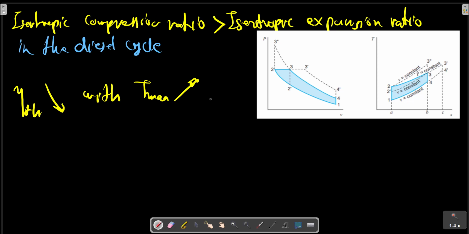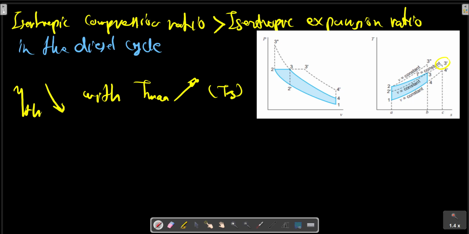Maximum temperature is T3. This is evident in the TS diagram because the constant pressure and constant volume lines converge and increase the temperature from 3 to 3 prime. Here it requires a large addition of heat and results in a relatively small increase in work, so it decreases the efficiency.